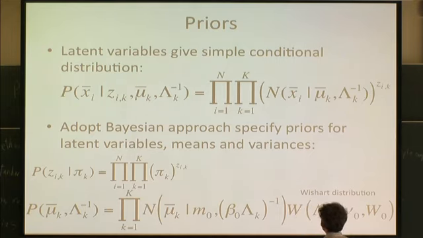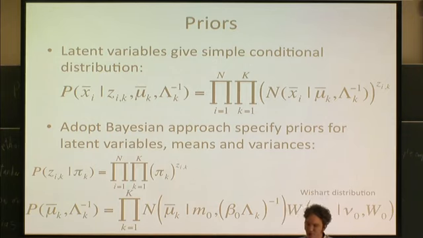So this is a mean Wishart prior. The Wishart is the only complicated thing here. This is a distribution over precision matrices. So I've switched notation here from the covariance matrix to the precision matrix delta K, because it's more convenient when defining these models. And this is all pretty standard.